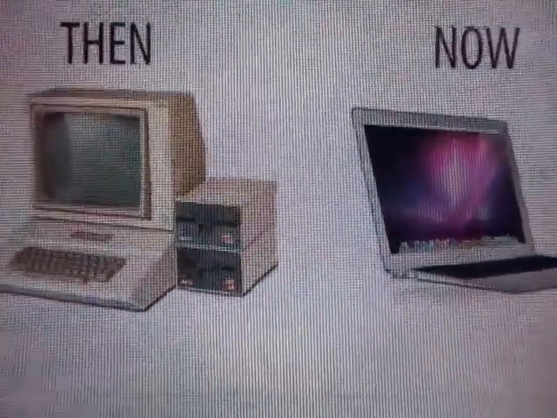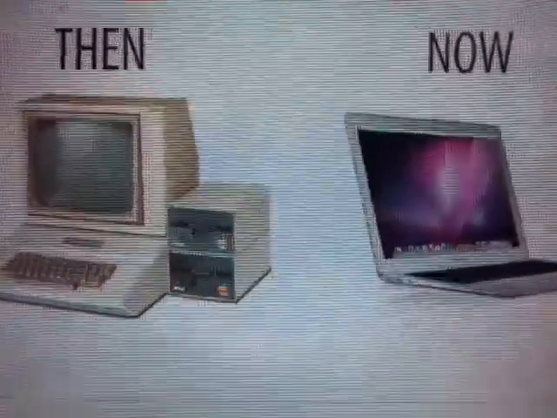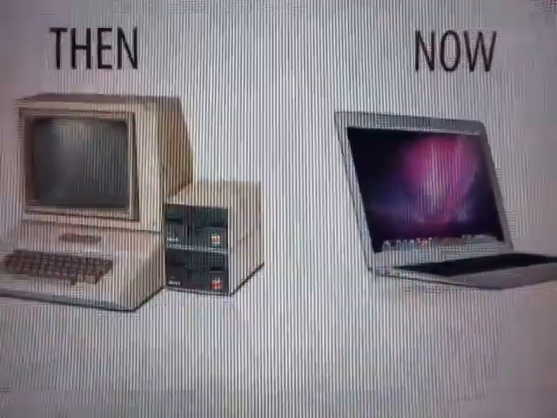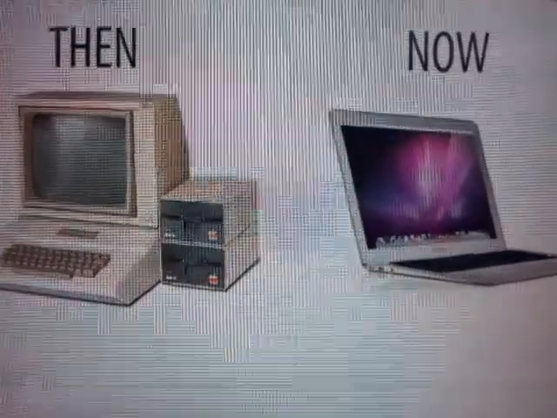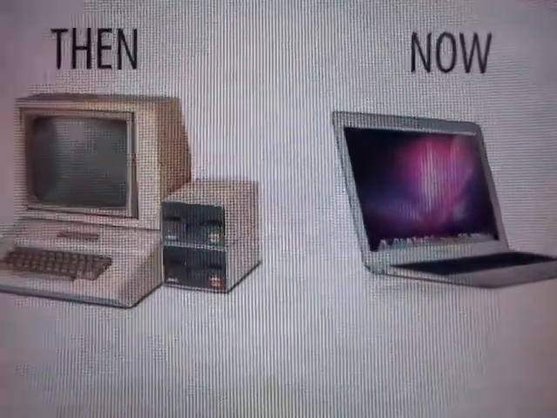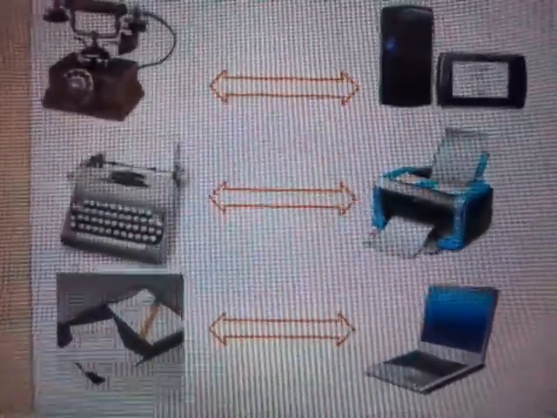Now you can see, in the past we used old computers which were not easy to use and they were not portable, but now we have more convenient computers which are easier to use. And the next advancement is the advancement in communication technology.